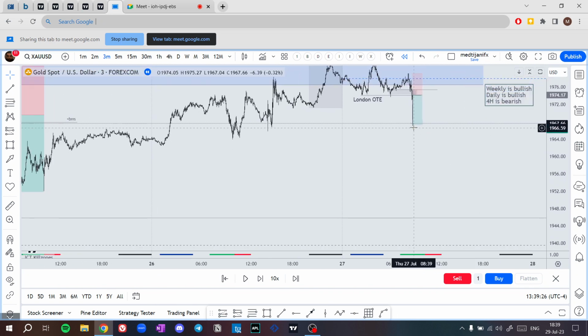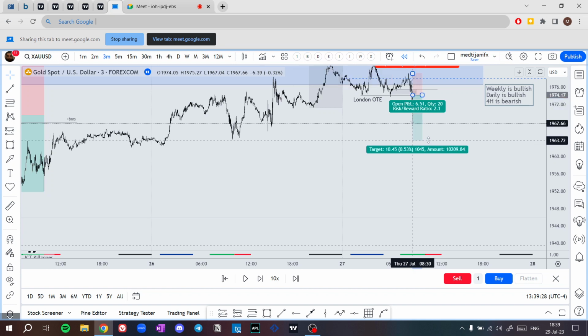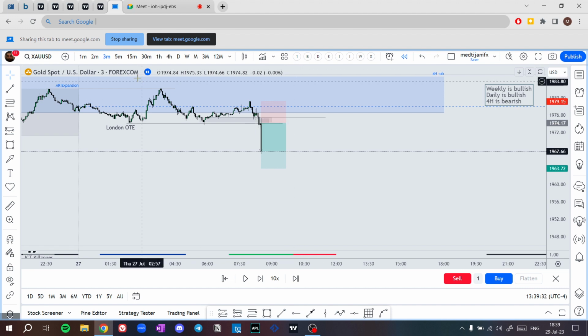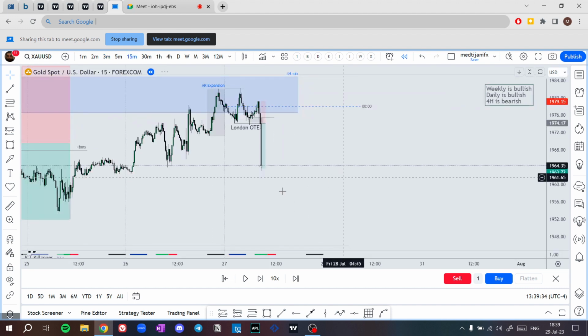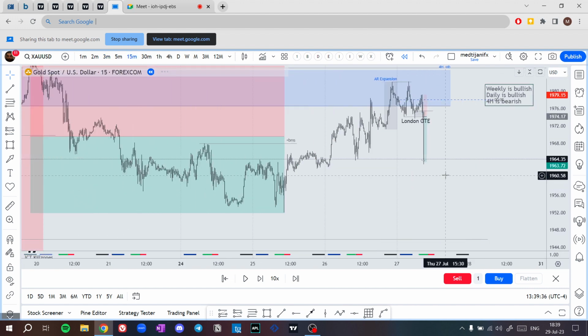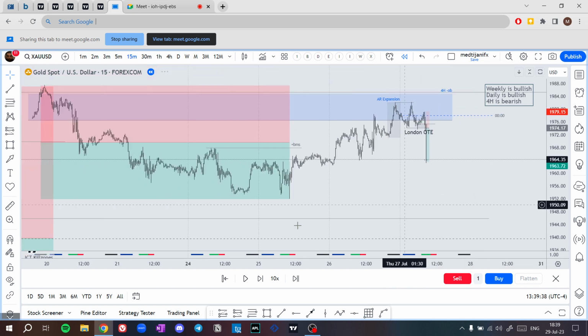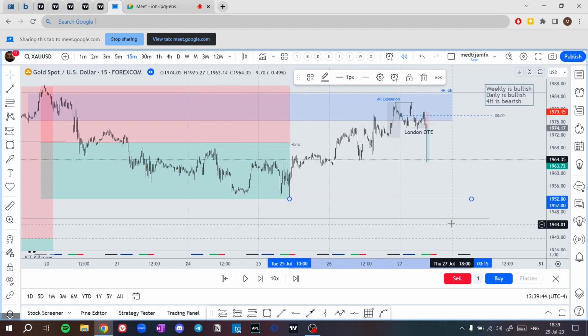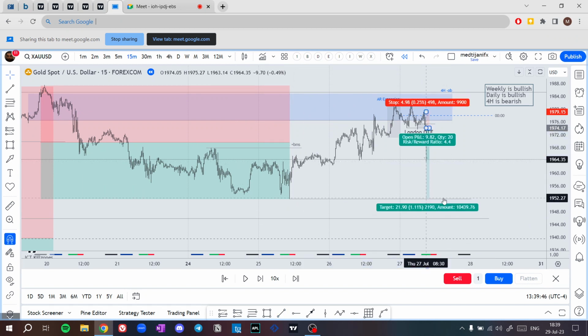Yes, that's great. So for me, I target 122. This is my target. If I enter here, I'm going to target 122. This is my risk management model. If you have your risk management model, maybe you are targeting these equal lows here. This is the sell-side liquidity below these equal lows here. So how much is it going to give you?